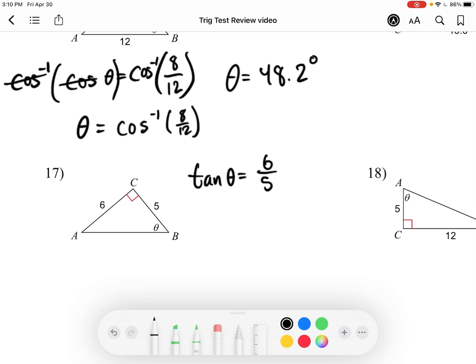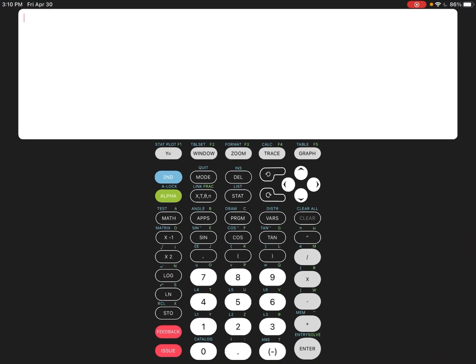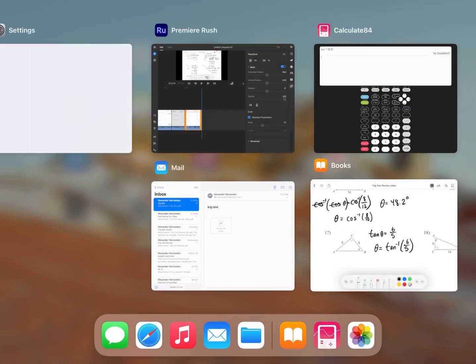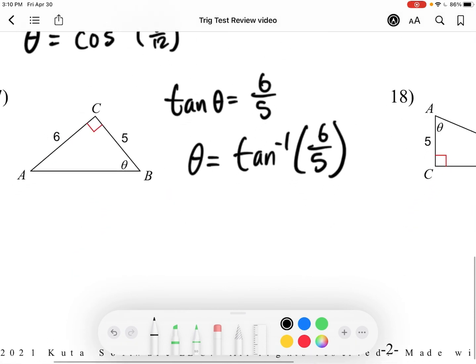We're going to rewrite this in terms of theta: theta is equal to the inverse of tangent of 6 over 5. Type that into your calculator: second and tangent, 6 divided by 5 in parentheses, and you get 50.19. So we'll round to 50.2 degrees. Theta is equal to 50.2 degrees.